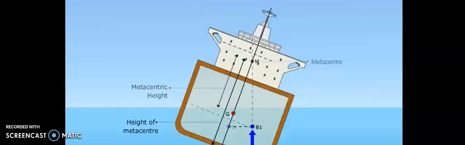This buoyancy force acts upwards through point B1. The metacenter is the point where the line passing through B1 meets the line passing through G, as indicated. The metacentric height is the distance from the center of gravity to the metacenter, and the height of the metacenter is the distance from the keel to the metacenter.